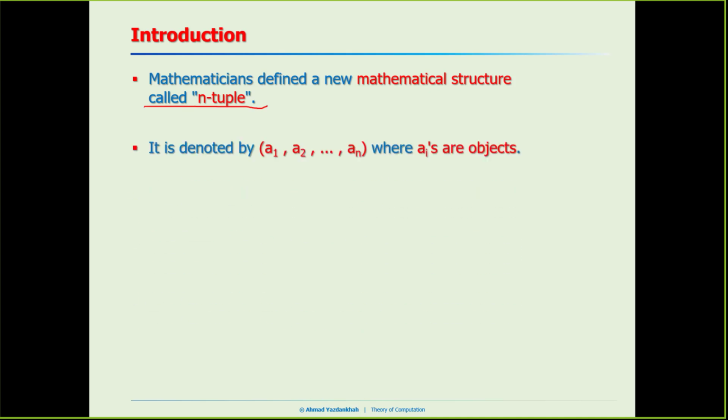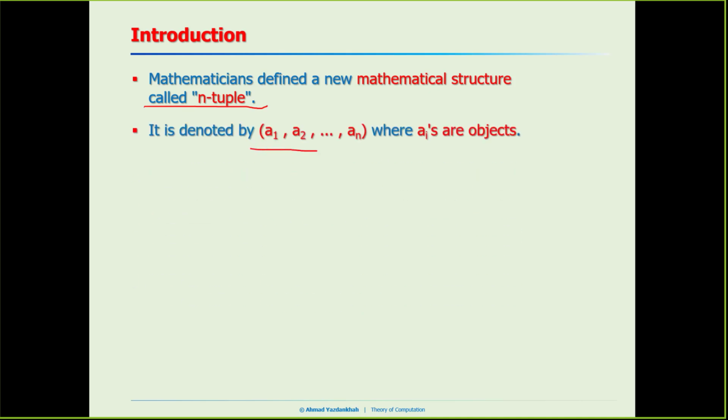And we denote that n-tuple with parentheses and all of the elements here. I am sure that you have used a special case of this n-tuple, which is ordered pair or two-tuple, in many mathematical courses or even in physics or somewhere else, right?